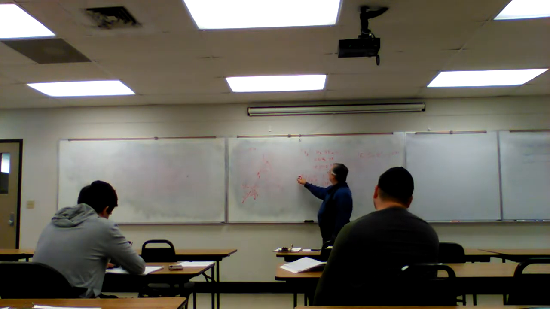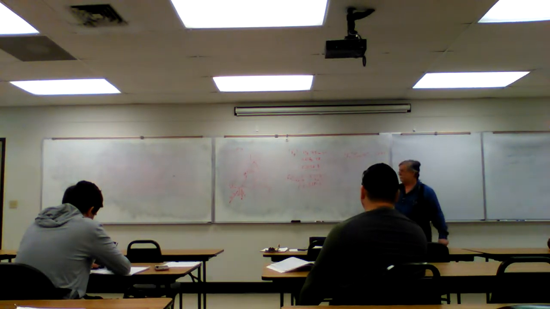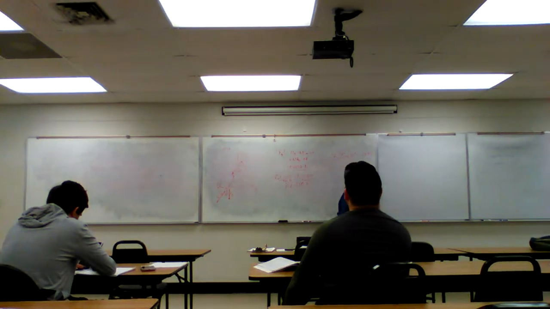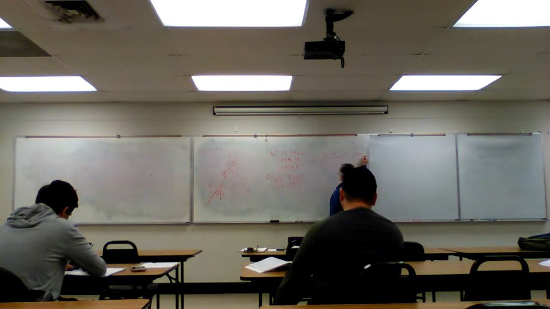So we have some unknown times the cosine of 20 degrees is equal to this many newtons. We divide both sides by cosine 20, and that gives us this magnitude. We then multiplied it by sine 20 to get this.